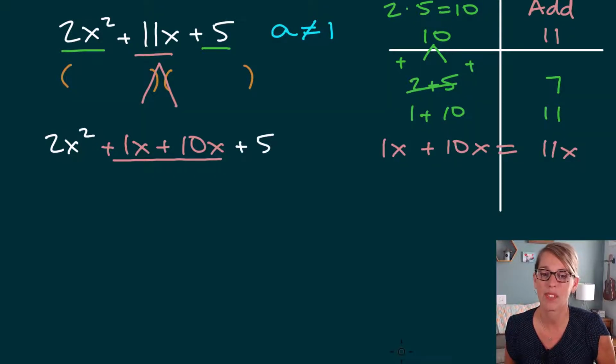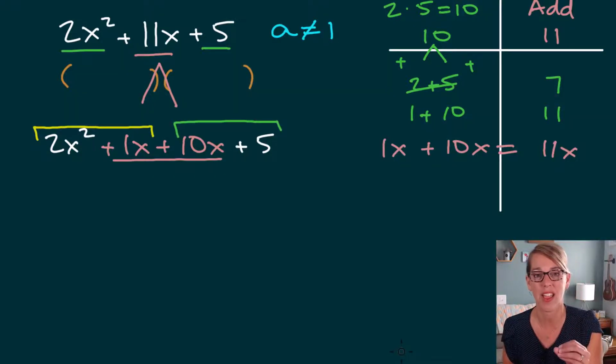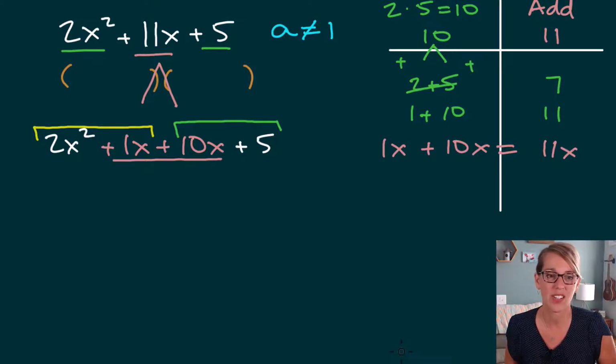Now, when I'm doing this, I'm splitting these into 2. So I'm going to have a first pair and a second pair, and I'm going to look for GCFs. So I'm going to look for greatest common factor. What goes into these just as a pair to start? So I'm just going to look at the pair in yellow for right now. If I'm looking at 2x squared and 1x, what divides into both of those? The GCF for this pair, only an x goes into both of those.